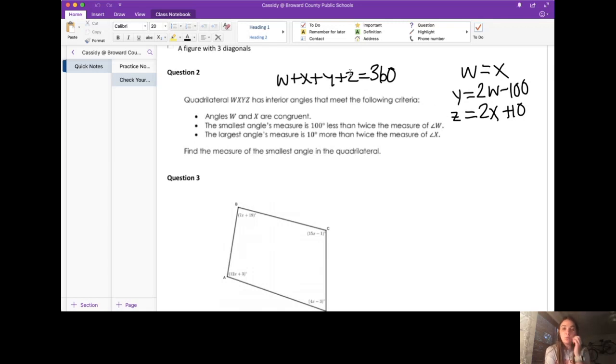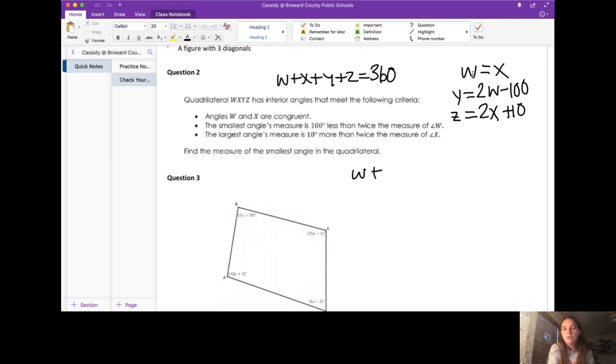That's way too many variables, so we want to get all of these into one variable. I'm going to choose W as the one variable that we're going to use. Starting with W, we just leave W. Then we've got W plus X, and what did we say about X?